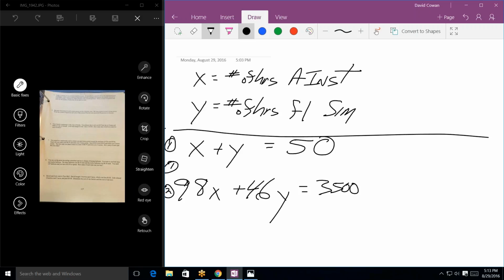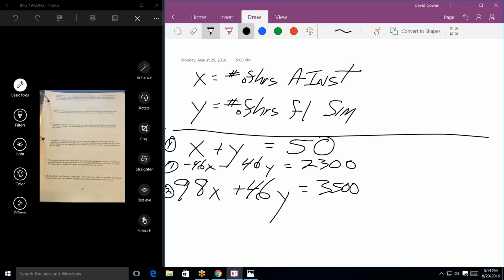So you would get minus 46x minus 46y is equal to... 100 times 46 is 4,600. 50 is half of that, so it's half of 4,600. I know it's immediately 2,300.